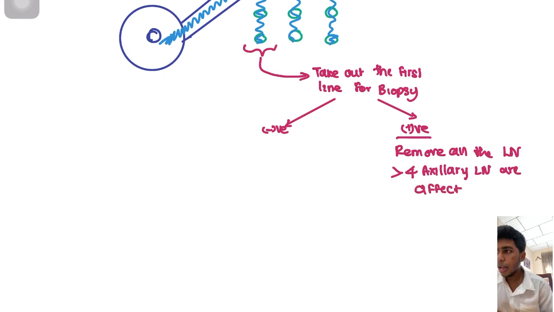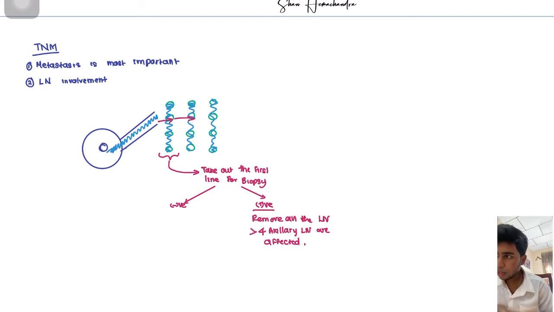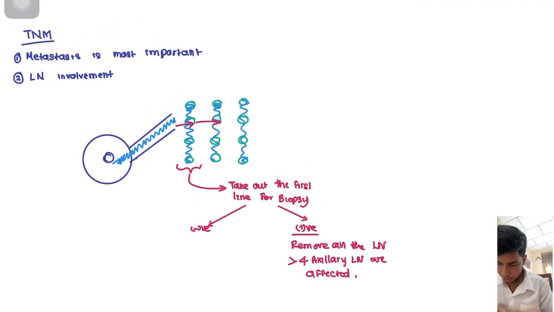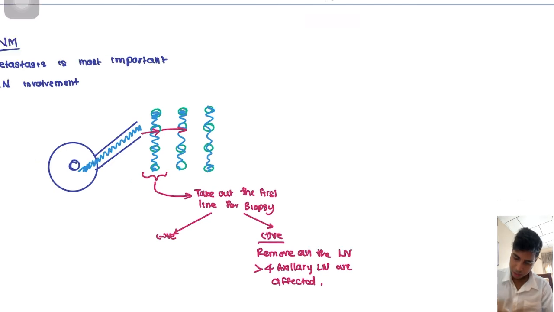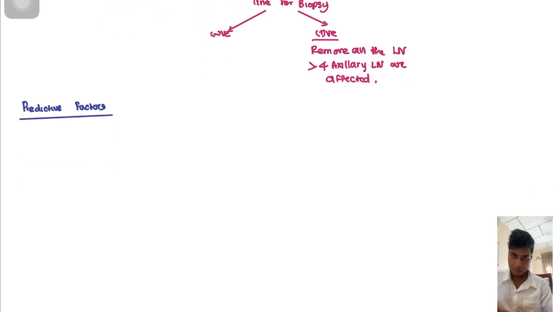Okay, and next we have something called predictive factors. What do you mean by that? Predictive factors. This is the risk of developing cancer.